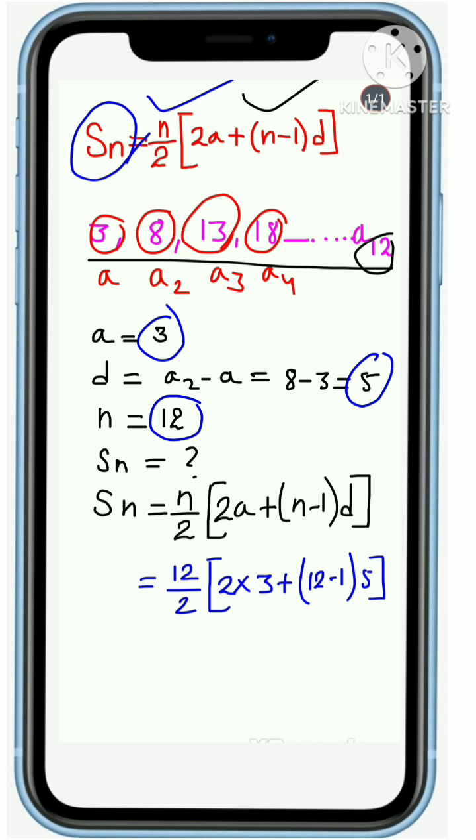Now 2 1s are 2, 2 6s are 12, 6, 2 into 3, 6 plus, and here 12 minus 1, 11, and 11 into 5, 55.